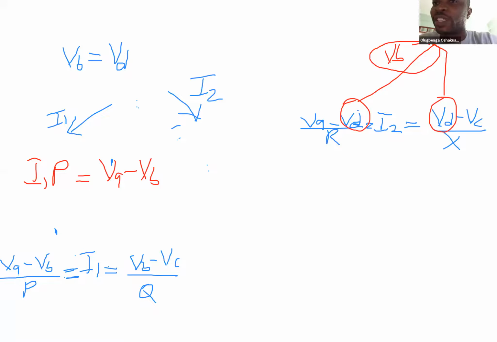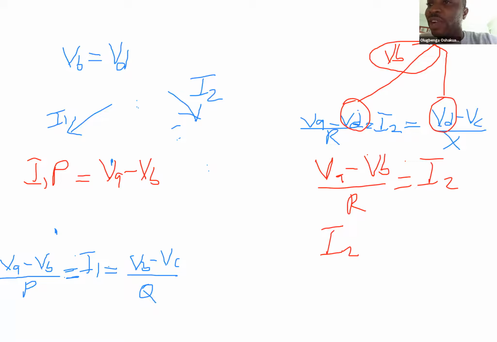Then we can also say that VA minus VB divided by R is equal to I2. Then from here we can say I2R is equal to VA minus VB.